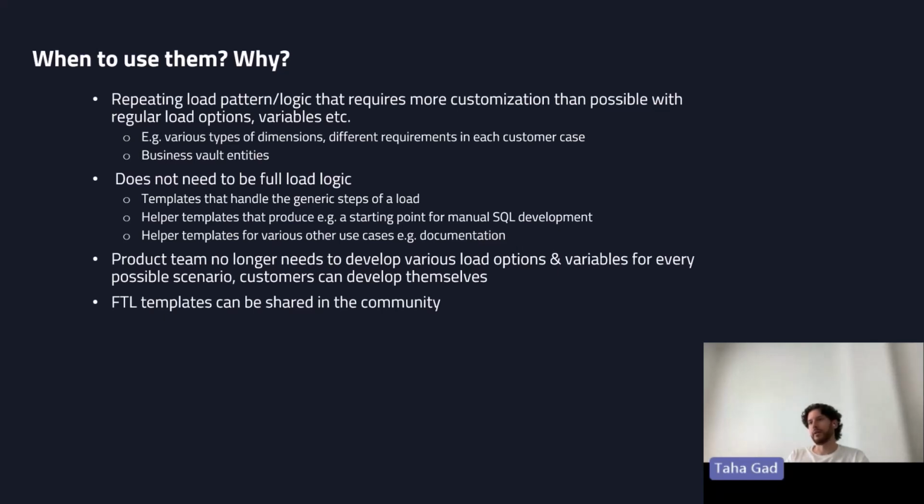The customers can then develop this stuff themselves, and then also, of course, share these templates in the community if they choose to do so. The nice thing is that the syntax is such that ChatGPT seems to generate very good FTL. So I myself don't really know how to write the FTL language at the moment. Everything that I've done is pretty much GPT generated and then minor improvements done myself.